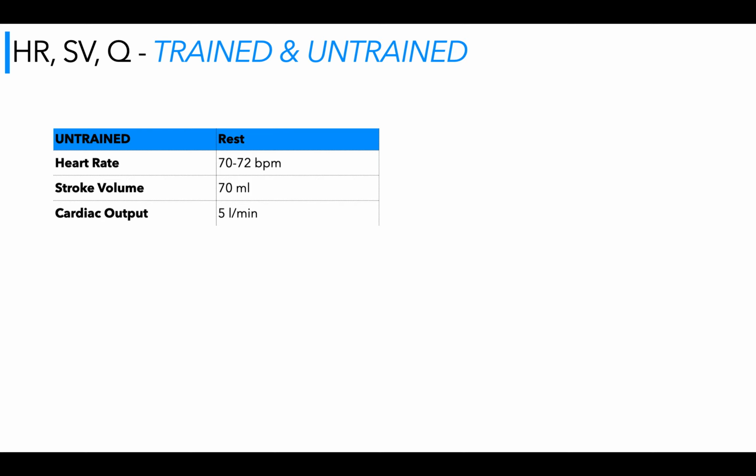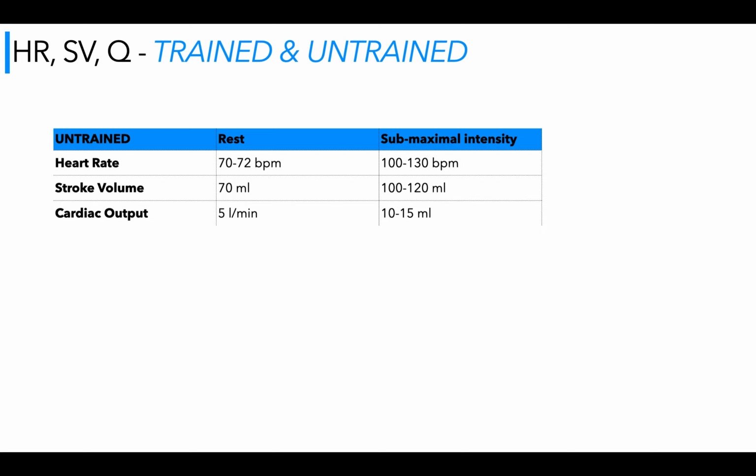Submaximal, working aerobically below the anaerobic threshold, heart rate on average is between 100 to 130 beats per minute, stroke volume 100 to 120 millilitres per beat, cardiac output 10 to 15. That's a mistake. That should say litres per minute. That's my bad. Okay. And then maximal intensity, as we know, heart rate is 220 minus age.